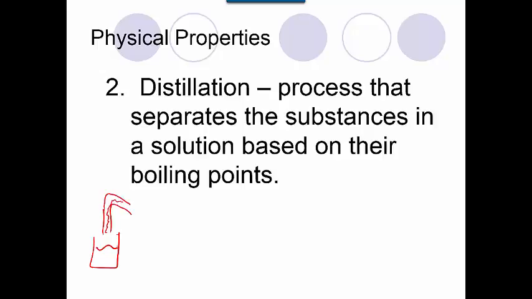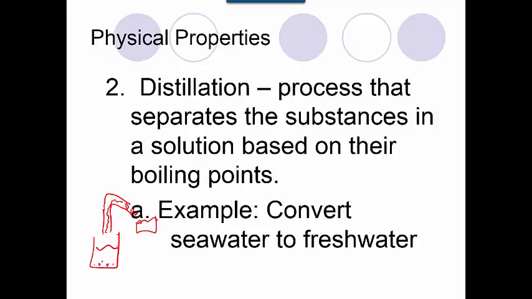And then as it gets over here, it gets away from the heat, it turns back into water droplets, and they can collect the water over in this container. And eventually over here what they're going to have is just the salt particles that are left over. So this is how you can convert seawater into fresh water for drinking.